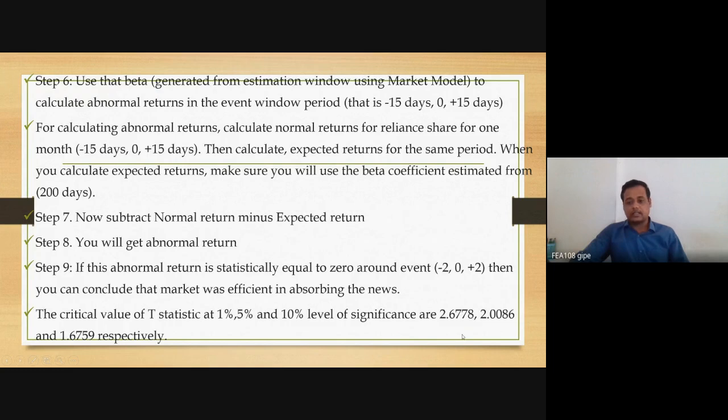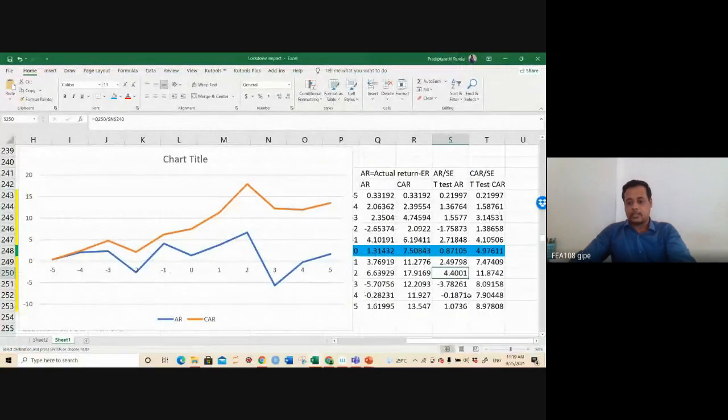If you are getting 2.0086, then it is significant at 5%. If we are getting 2.6778, then it is significant at 1%. Now, if we are getting minimum of 1.67, then we can say it is significant. These three are significant. These two are significant. Yes or no?